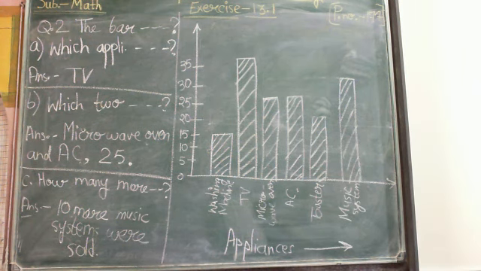This is how you have to write in your classwork copy. Remember, your classwork copy should be presentable. Write all the things very nicely in your copy, as it is the last chapter of the syllabus. So write all the things very systematically.